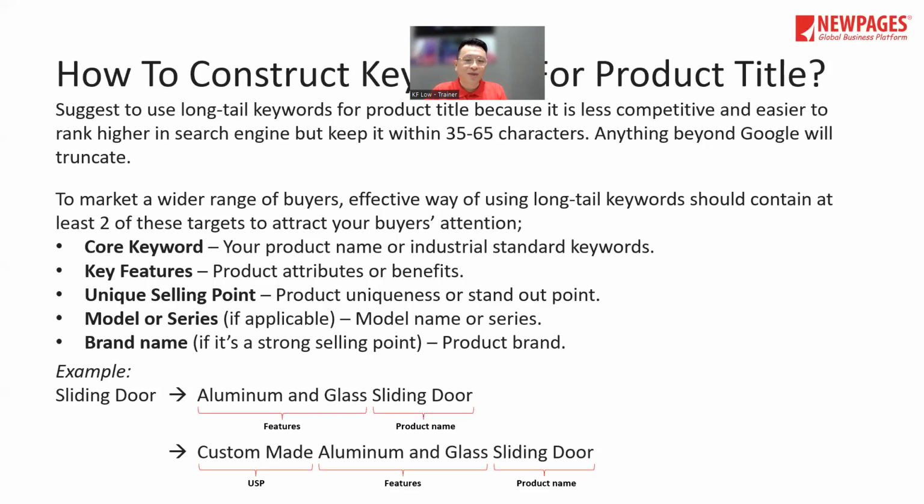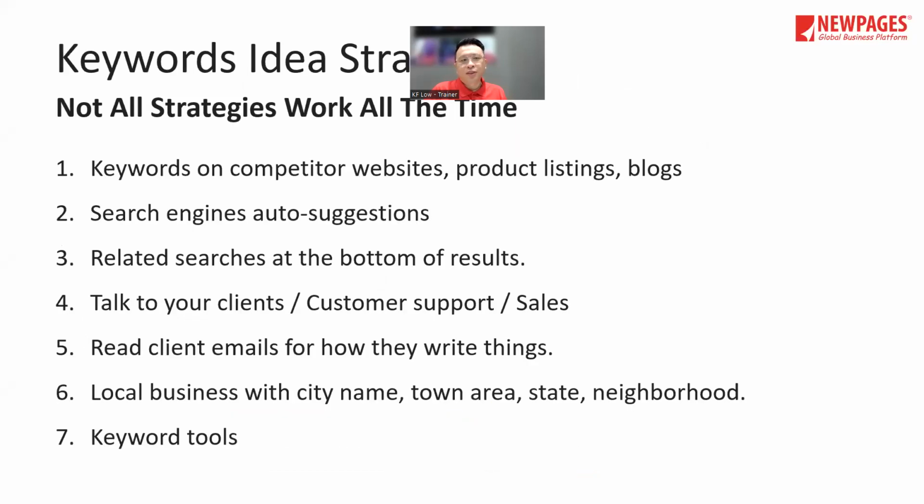We try to cover as much as possible in terms of different categories of clients. So these are some of the examples that I can share with you. But of course, here I also want to show you some of the strategies, keyword ideas that you can use. But of course, not all strategies work all the time.